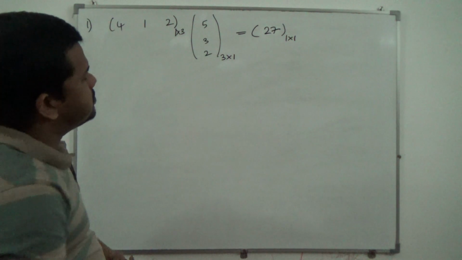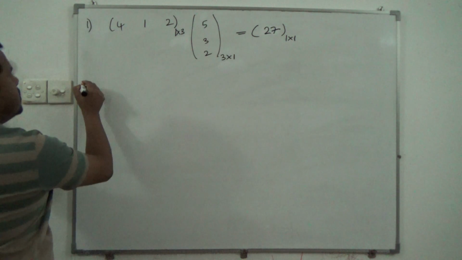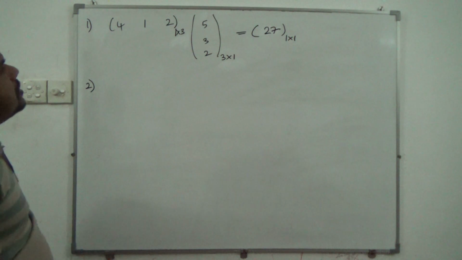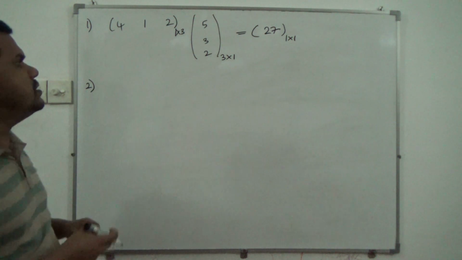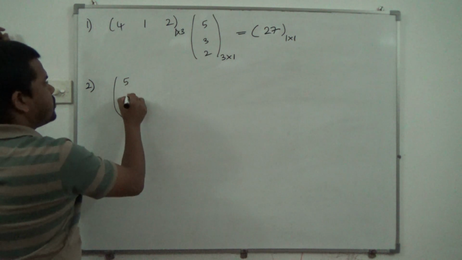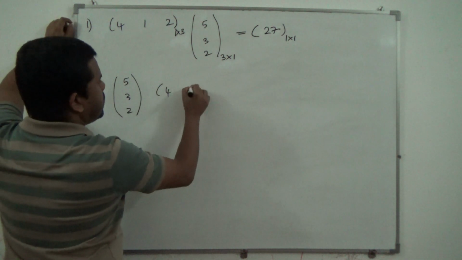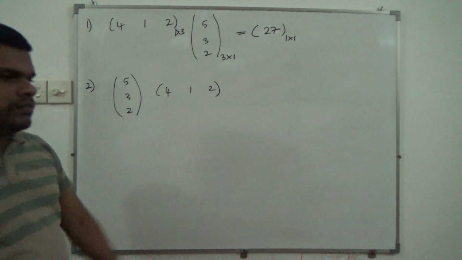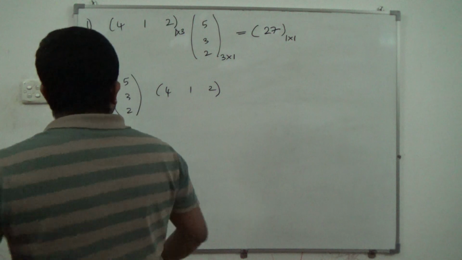So now this is the answer. Let's look at the second example. I will swap the order of these two matrices: 5, 3, 2 and 4, 1, 2. First of all, we have to check whether the multiplication is defined.